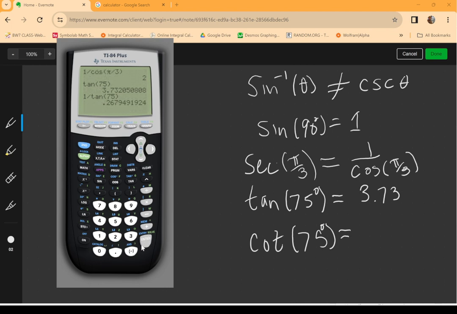Hit enter, and we get 0.27, with proper rounding here.